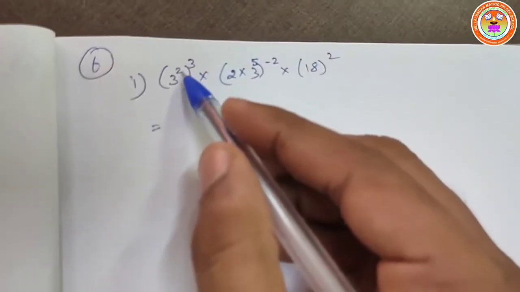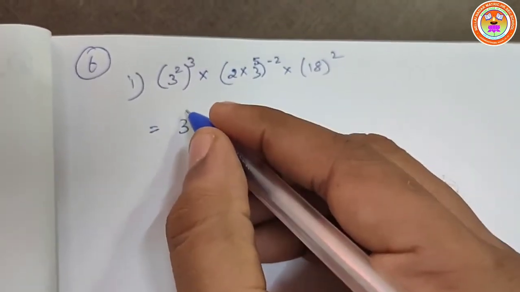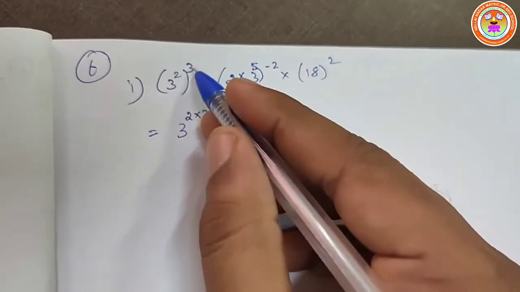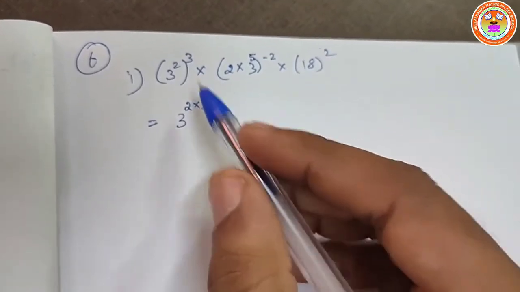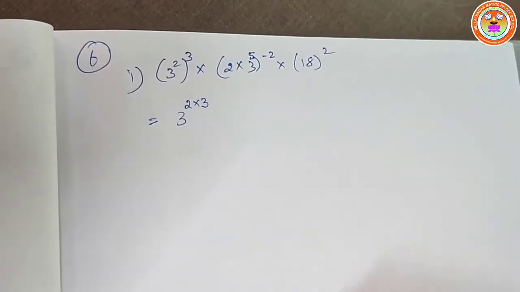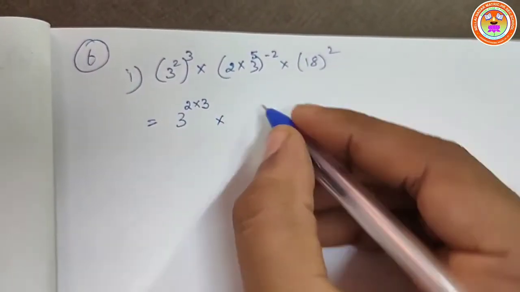Here a power m the whole power n is equal to a power m into n. A power m the whole power n is equal to a power m into n. The third law I am using here. That means in our formula list it is the fifth formula.